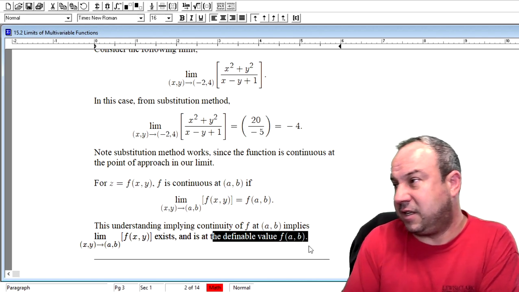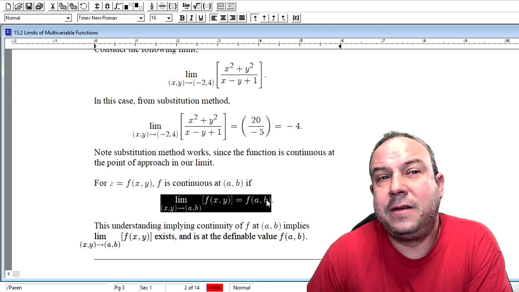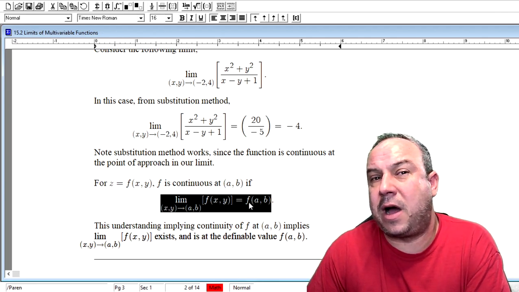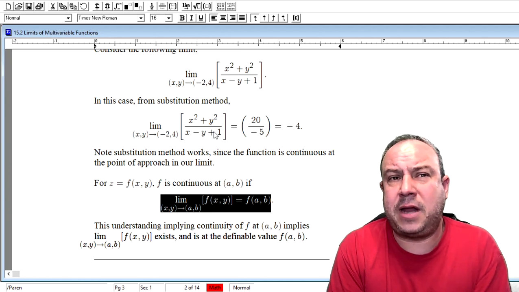All right, this all gets into the continuity aspect of it. If the limit as x comma y approaches a comma b for f of x comma y equals f of a comma b, just equals what you would get when you substitute in, that does imply continuity at that point a comma b.